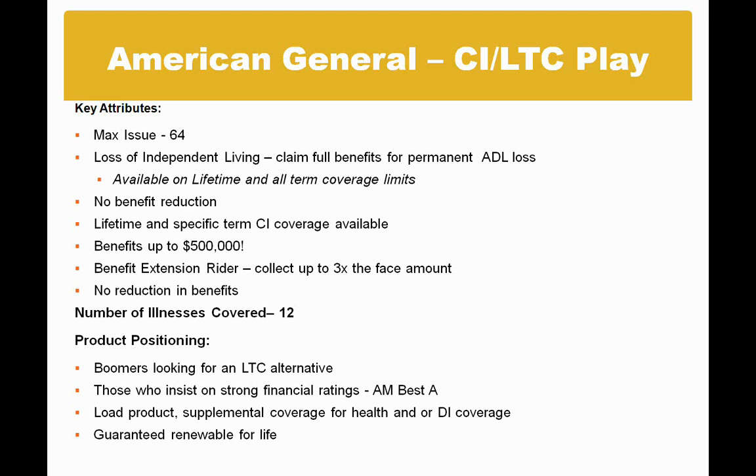So what American General decided to do, instead of having a traditional CI chassis, which is just cash benefits as a result of a critical illness diagnosis, they did something really neat in the fact that they decided to put a long-term care trigger into it, and instead of having your benefits reduced at age 65, at age 70, the critical illness coverage is going to go away, and it'll turn into a long-term care policy in the event of a permanent 2 out of 6 ADL loss.